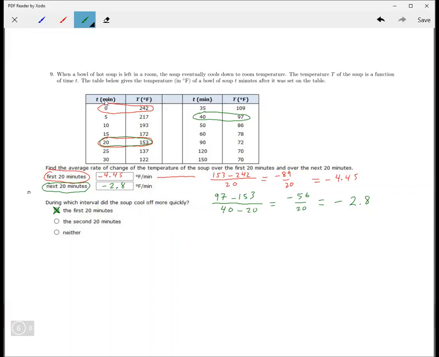In the beginning, the soup was hotter, so the difference between its temperature and the room's temperature was greater than when the soup was cooler. So it cooled down at a faster rate. But you really don't need to get into that. Just thought I would mention it.